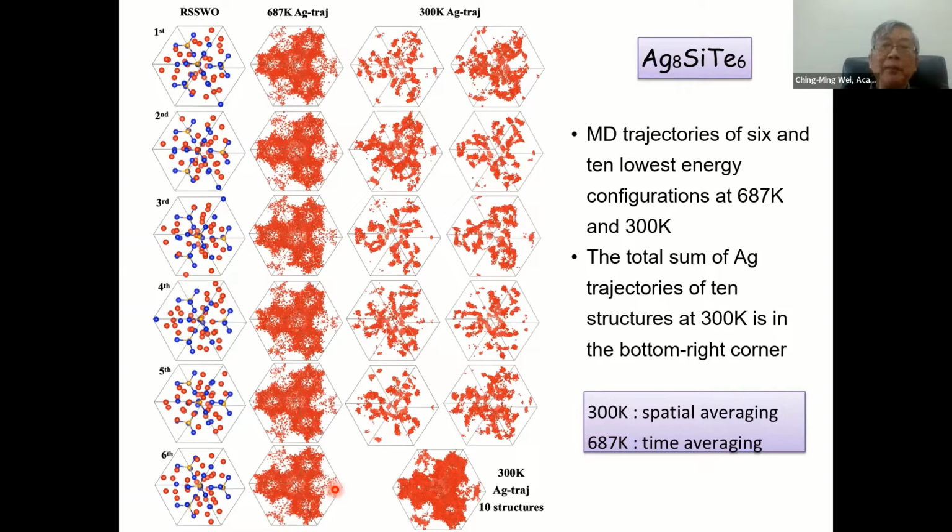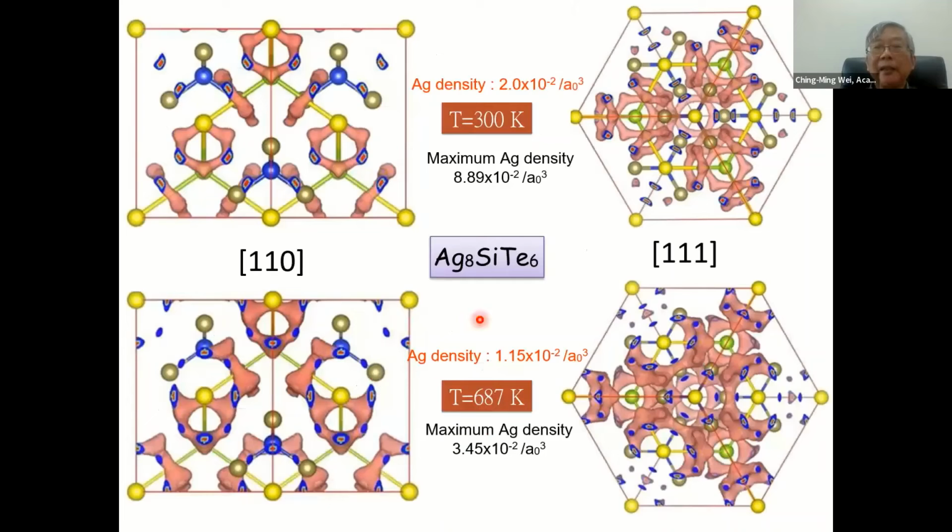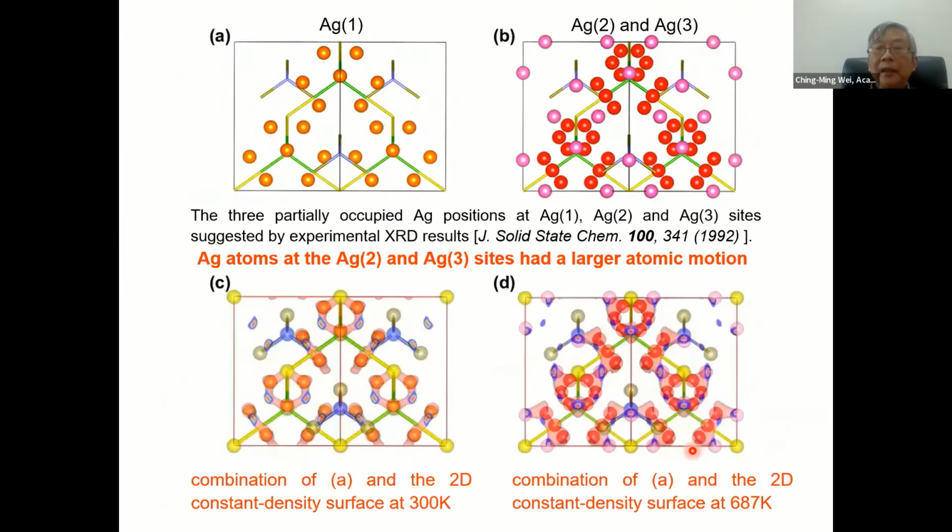Here are cases at 300 and 600K, and you can clearly see that this pattern is temperature dependent. And then we compare this data with the experimental fitting result, which gives us a very good agreement, as you can see here.